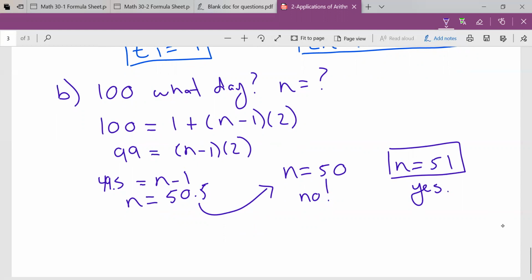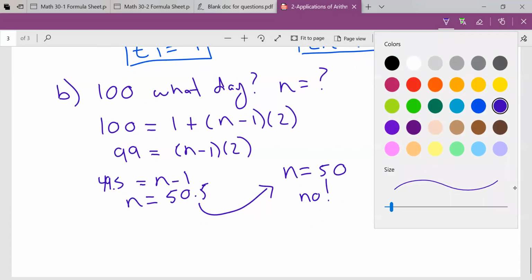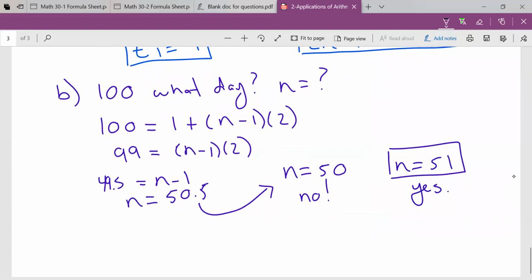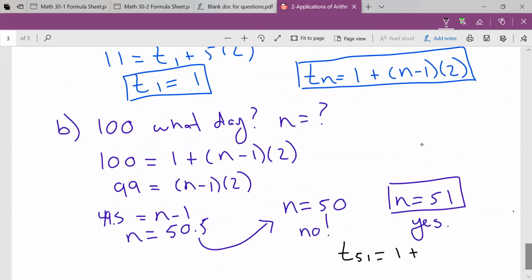How do I check my work? Because I always like to check my work, right? Let's go to pretty black. We've got our general term. What would happen if we let n equal 51? Let's sub in n is 51. 1 plus, and our general term was n minus 1 times 2.